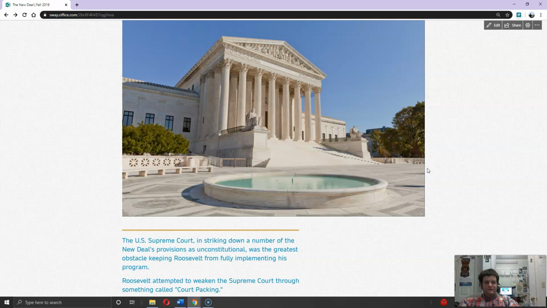And so many of the Supreme Court members were conservatives. And one of the ways that they slowed the New Deal down was by declaring different bills unconstitutional. Like the Agricultural Adjustment Act, which we'll talk about in class, it was deemed unconstitutional when it was first put out.